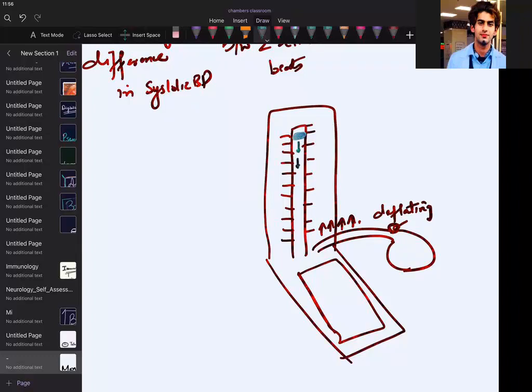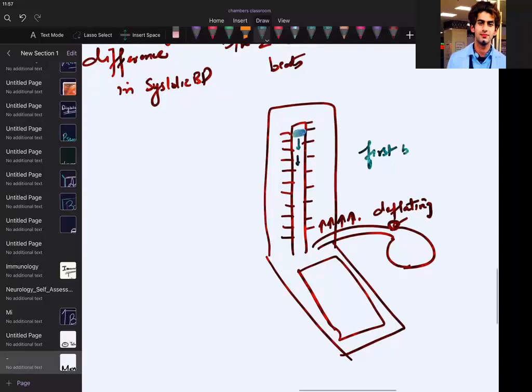Once the column is getting lowered, you will hear which beat first? The first beat will be heard on a stronger beat. I am telling about pulsus alternans. Are we able to understand? First a stronger beat.